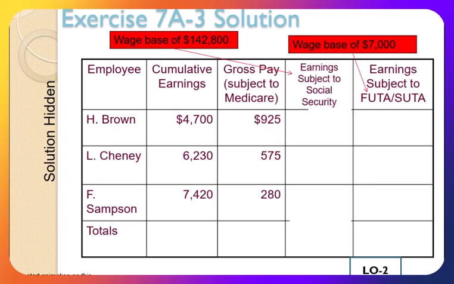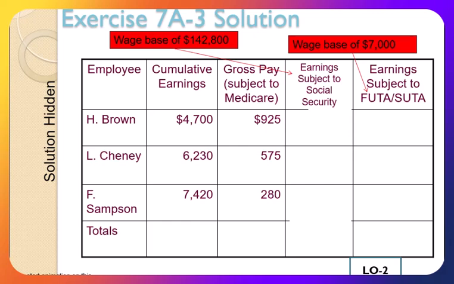So I've laid out the information for exercise 7A-3 in this table. On the far left we have a list of employees, Brown, Cheney, and Sampson. And then the next column we have their cumulative earnings, meaning their earnings prior to this paycheck. Then we have their gross pay, of which all of it is subject to Medicare, of course.